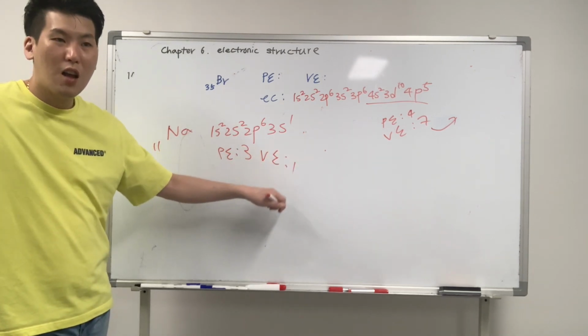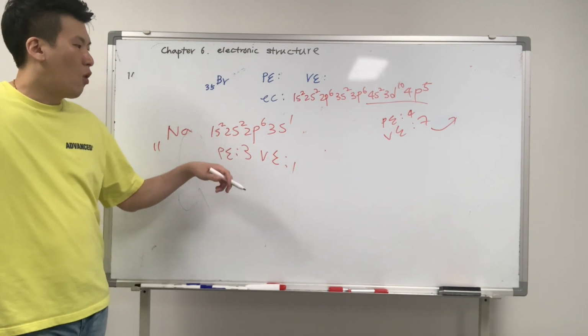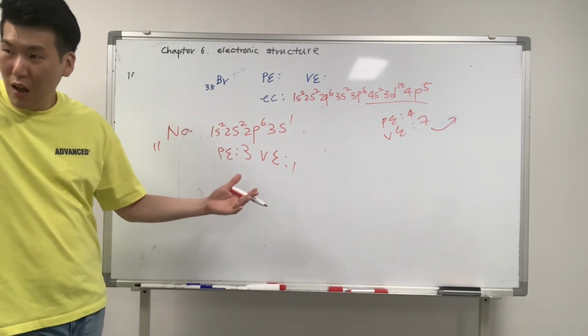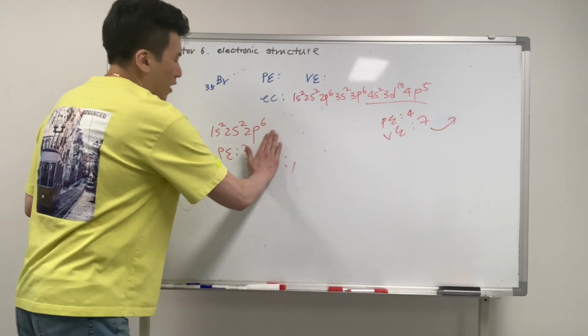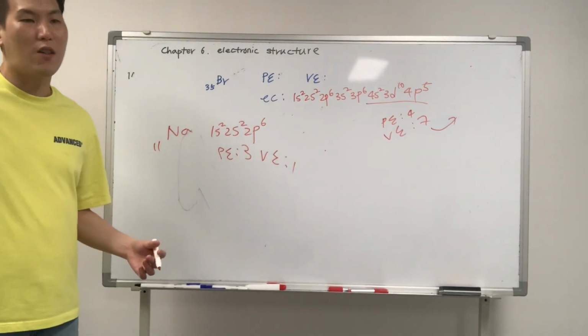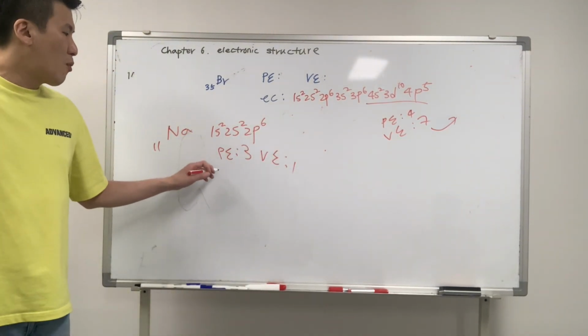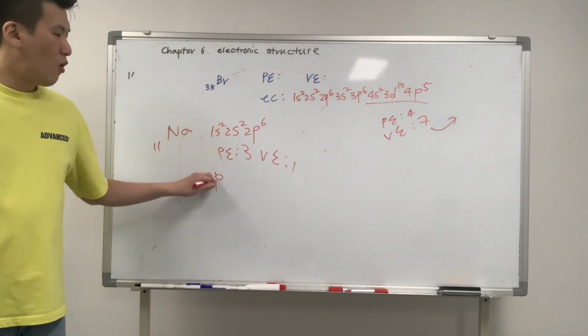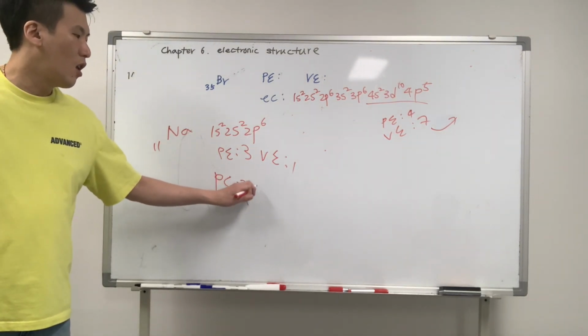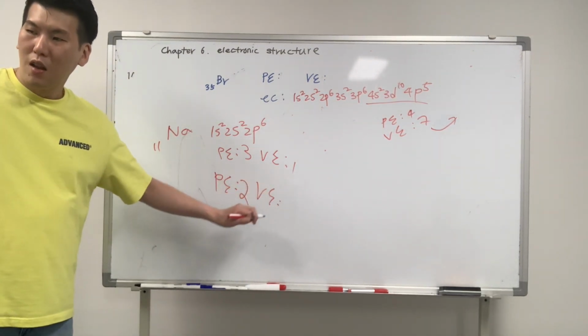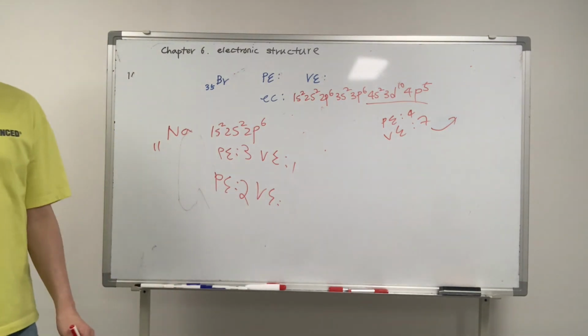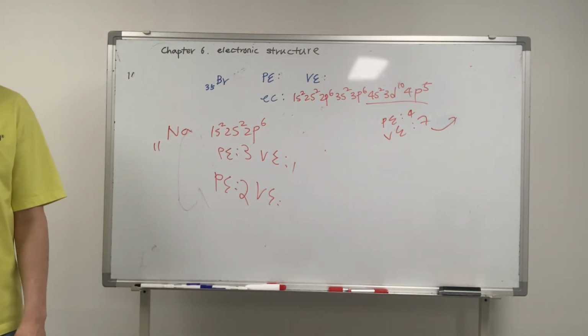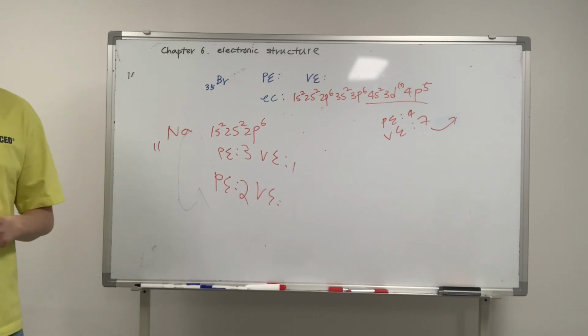But if you want to have 8, when you get rid of this, how many valence electrons do we have right now? What is its principal energy level? 2. How many valence electrons? 8. What's its charge? Plus 1. Chem is all related. It's all related.